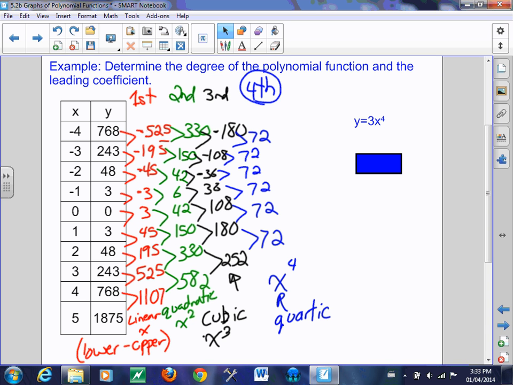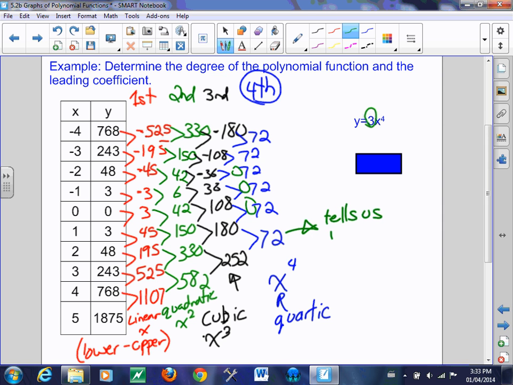Notice, ladies and gentlemen, that in front of 72, the sign is positive. That tells me that the leading coefficient also has to be positive. Okay, so this tells us two things. One, that the leading coefficient is positive.